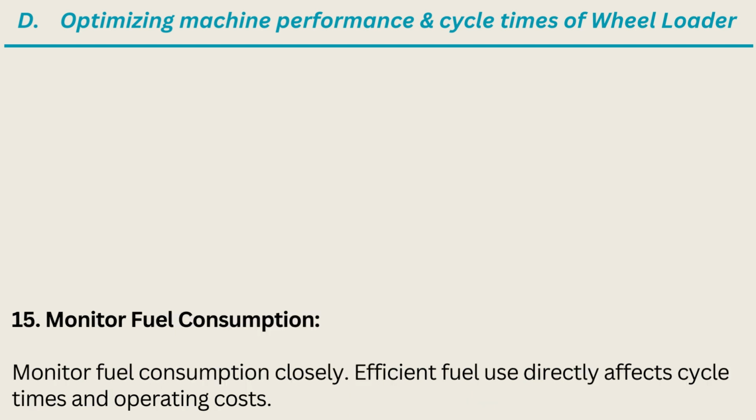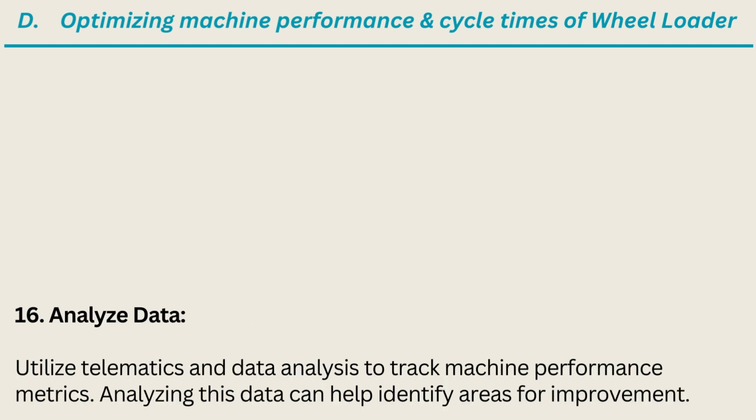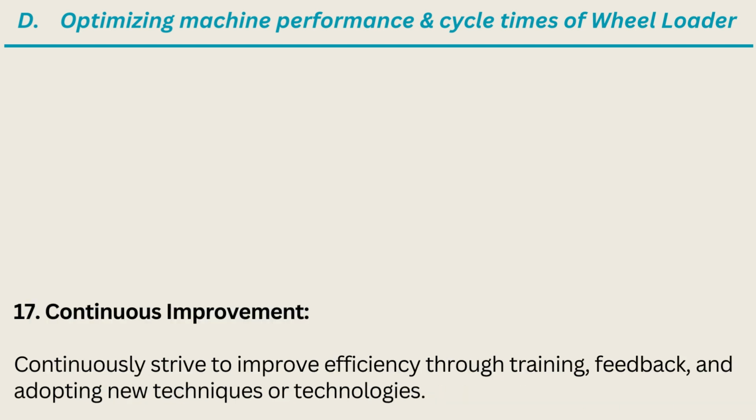15. Monitor fuel consumption. Monitor fuel consumption closely. Efficient fuel use directly affects cycle times and operating costs. 16. Analyze data. Utilize telematics and data analysis to track machine performance metrics. Analyzing this data can help identify areas for improvement. 17.